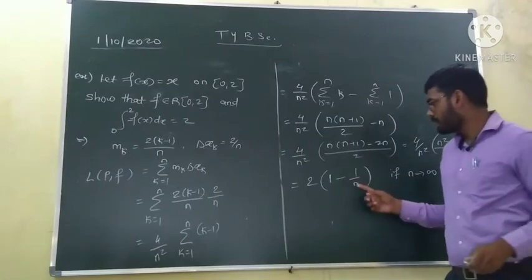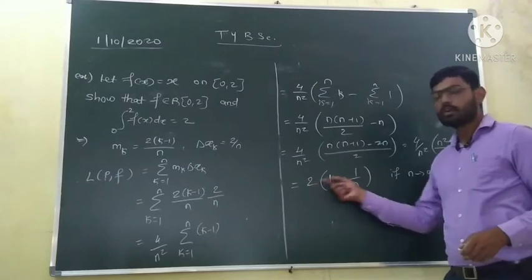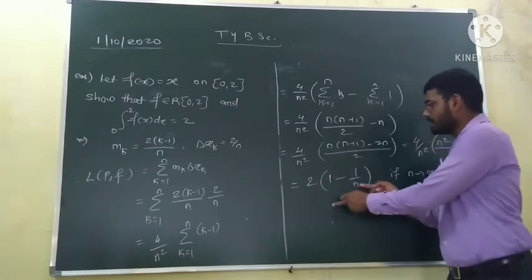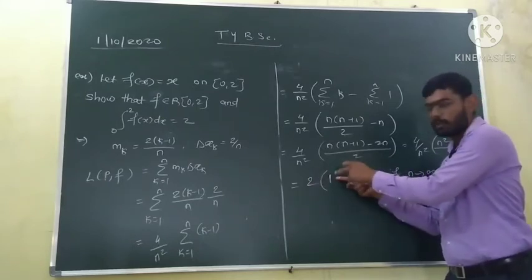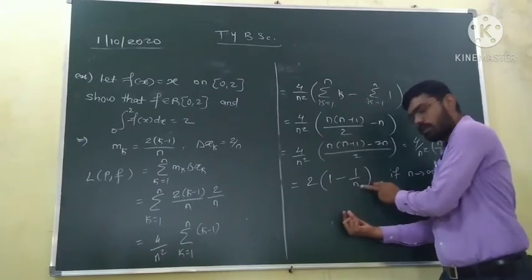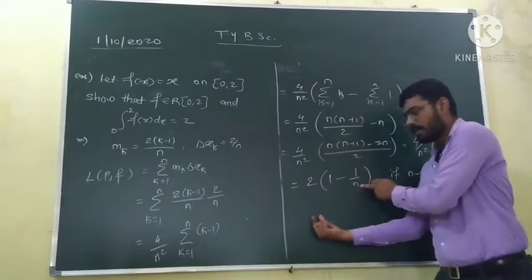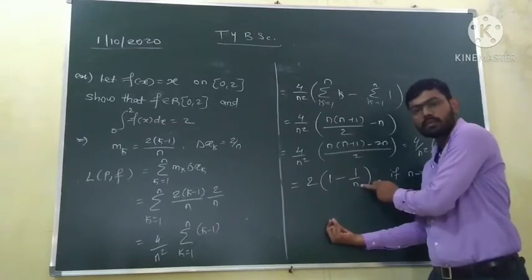Okay. So if n is equal to 1, 1 by 1, 1, 1 minus 1, 0, 2 into 0, 0. If n is equal to 2, then 1 minus 1 by 2, 1 by 2, 2 into 1 by 2, 1. So the value of lower sum is 1. First we have taken n equal to 1, the value becomes 0. Now if we take n equal to 2, the value becomes 1.